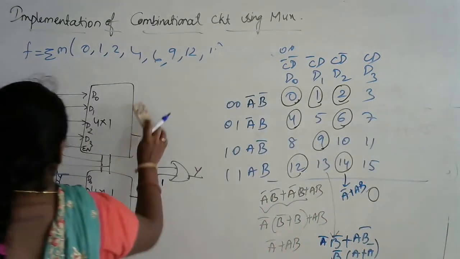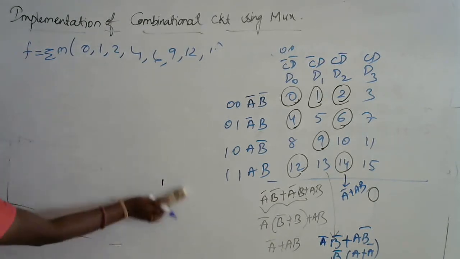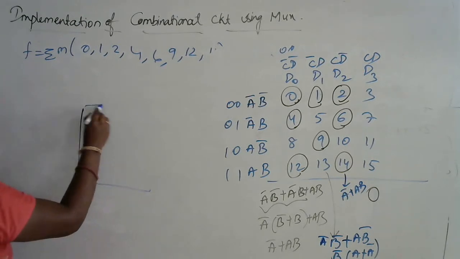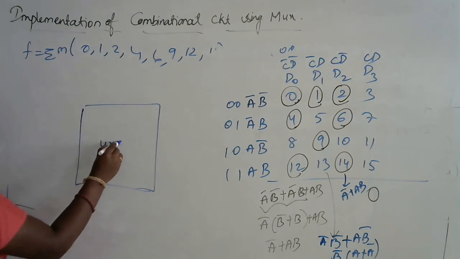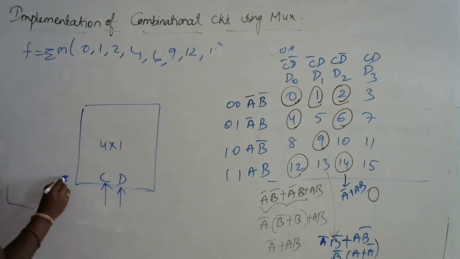Now, instead of cascading these, I can do the circuit diagram in such a way that I will be drawing a 4 by 1 multiplexer. Select lines are C D. This is the enable. What is this?